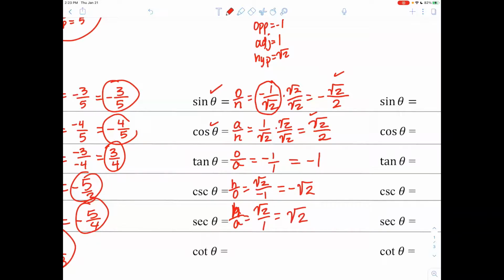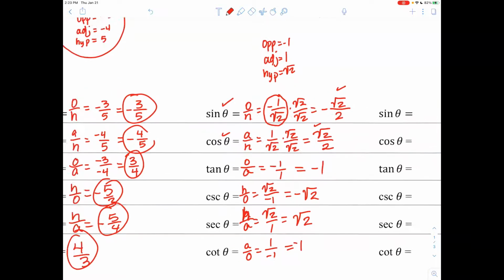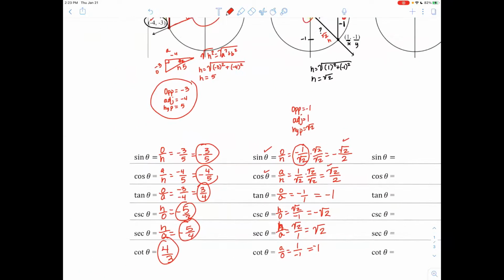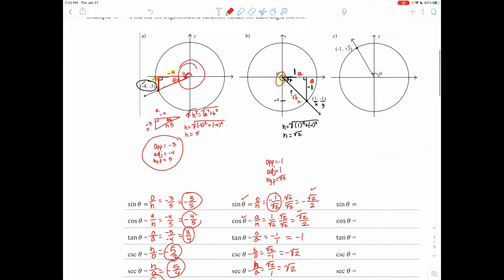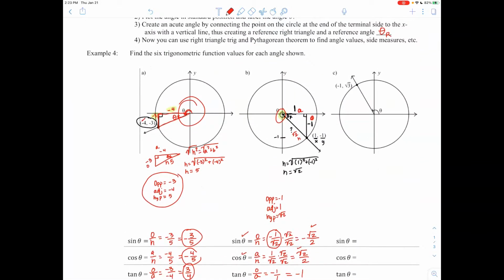And then cotangent would be adjacent over opposite, so that would be 1 over -1, or -1. And so there you have all of the trig function values for angle theta in problem B.